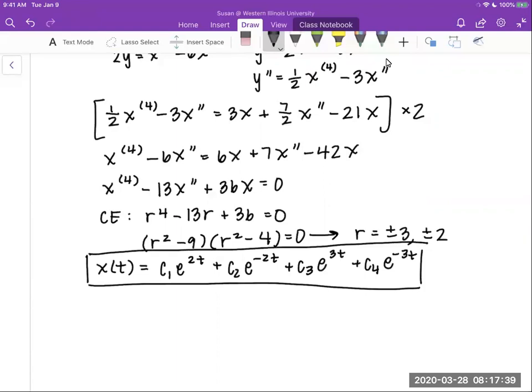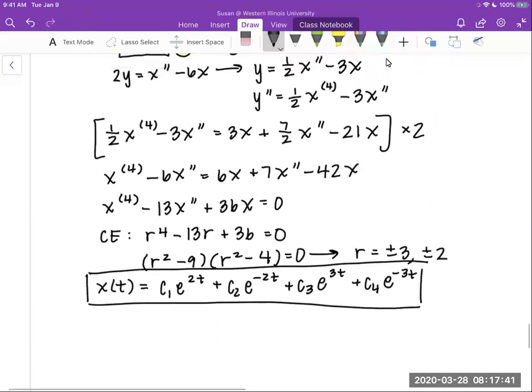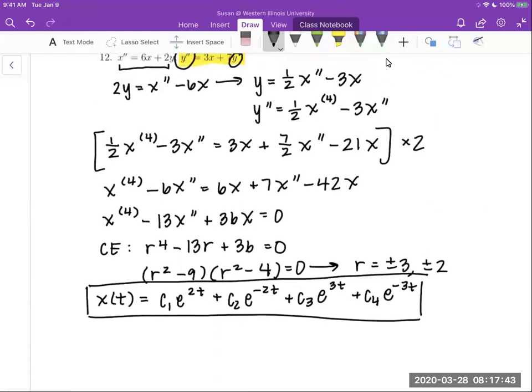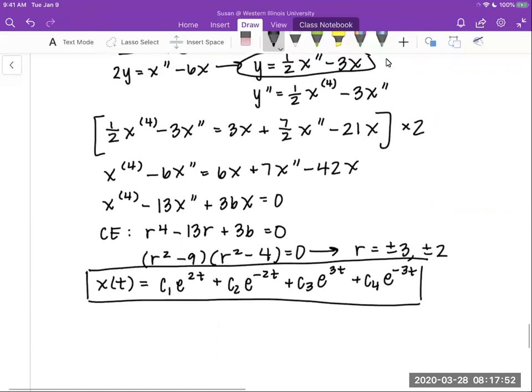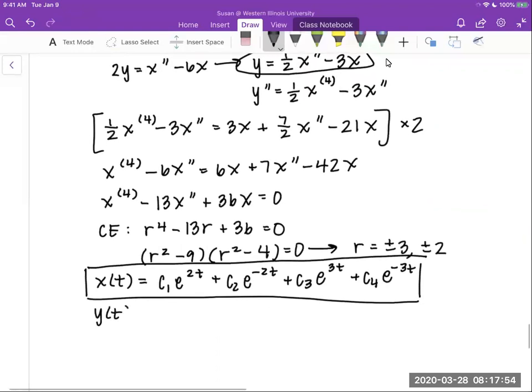Okay, and now we would like to find y. So as always, just going back up and looking at the expression that I had that related y to x and its derivatives. I'll just recopy that down here, 1/2 of x double prime minus 3x. All right, and I feel fairly confident that I can find x double prime without writing the first derivative. So here it goes.